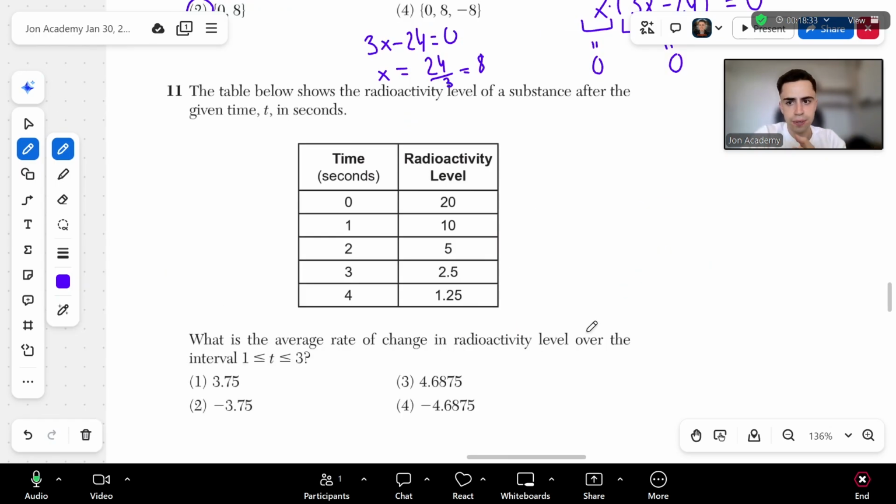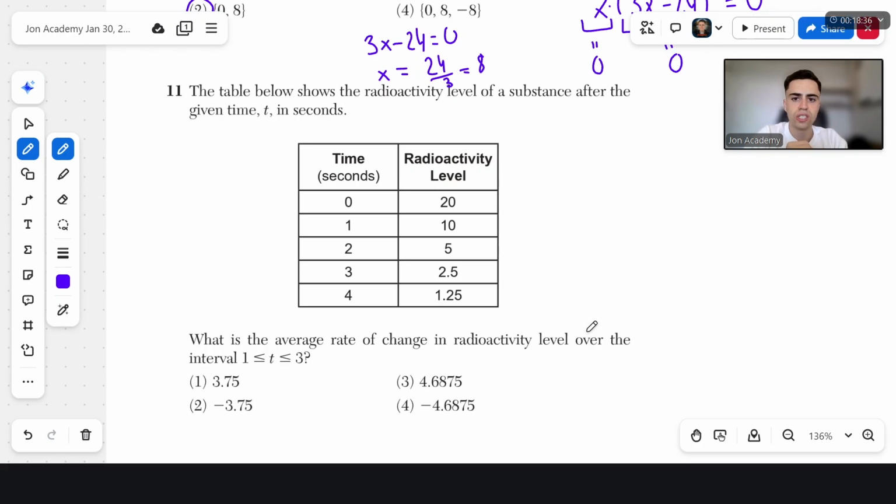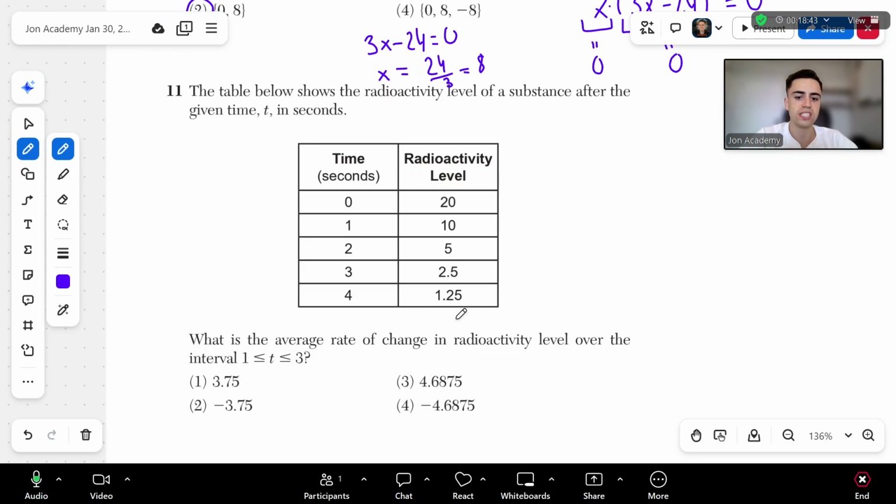Let's do number 11 here also. The table below shows the radioactivity level of a substance after given time t in seconds. What is the average rate of change in radioactivity over the interval from 1 to 3, no? In the time. So from 1 to 3 here, let's see what happened. We have to calculate kind of the slope. So this will be our y2, this will be our y1, this will be our x2, and this will be our x1.